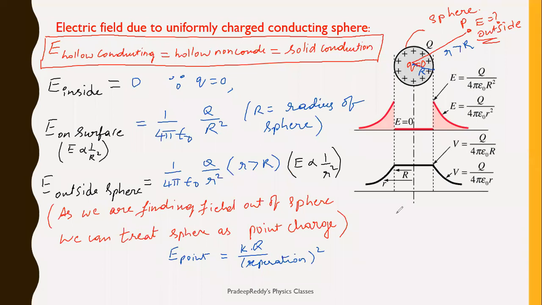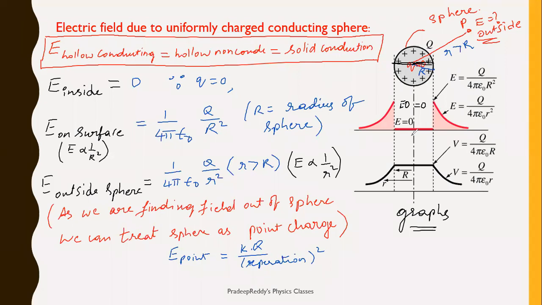Now coming to graphs. When you are seeing the graph, within this region from the center, there will be no charge. Therefore the field is equal to 0 inside the material, right?